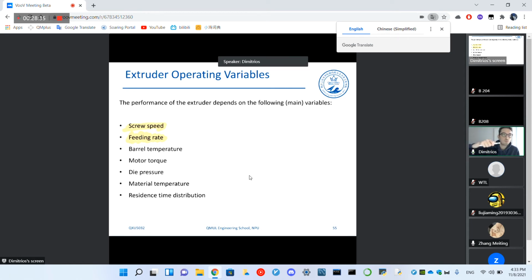And that leads to increased pressure. I'd say the same for the screw speed as well.